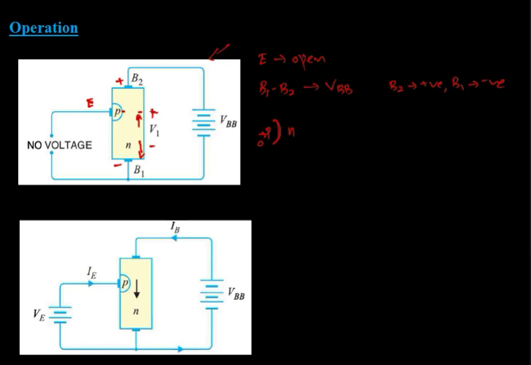If you consider this N region, it is positive with respect to B1. If you consider the terminal B1 is negative and N is positive, this PN junction is reverse biased because the N region is positive with respect to the P region, so the PN junction is reverse biased.